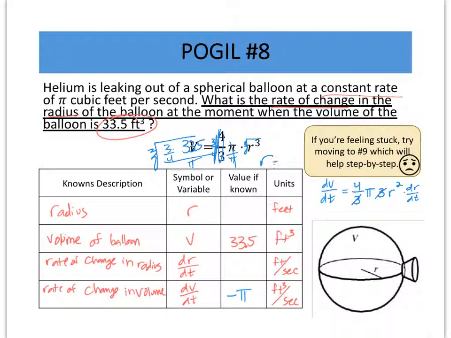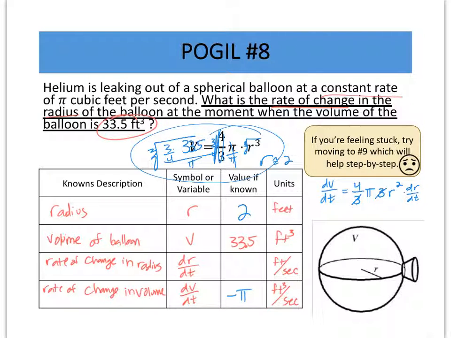The radius ends up being approximately 2. Now, I went through that really quickly, but it's just algebra to solve for radius, and you can do that on your own. I'm not going to spend video time on that.